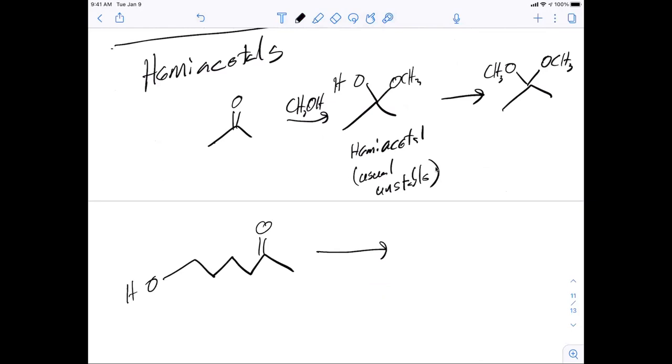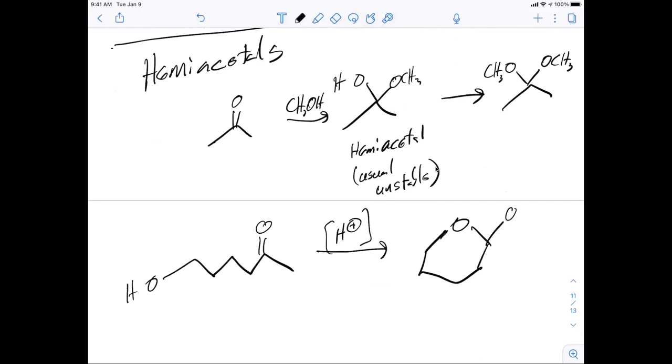So if I have a ketone with an alcohol on it, in this case, or an aldehyde with an alcohol on it, and I put it in an acid solution, what I can end up with is a stable hemiacetal.